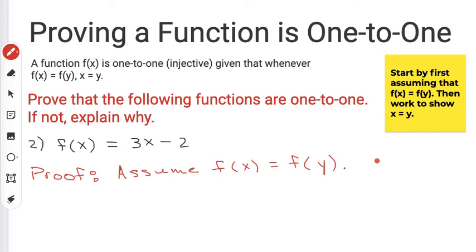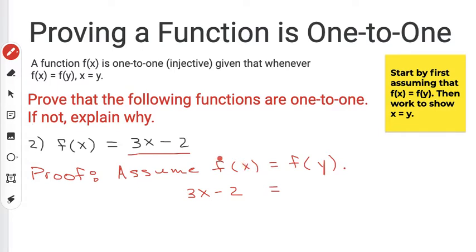Now we know that the function is f of x equals 3x minus 2. So I can replace f of x with this, 3x minus 2, and then I'm going to bring down the equal sign that's in the middle. On the other side, I have f of y, which is basically f of x, but I've replaced the x with a y.